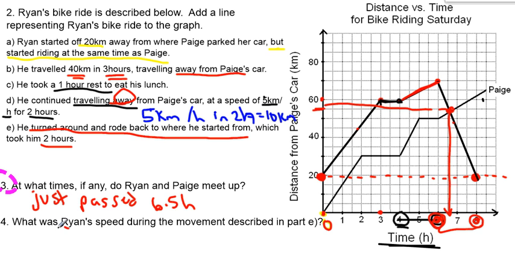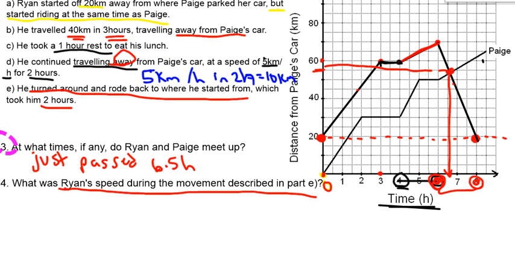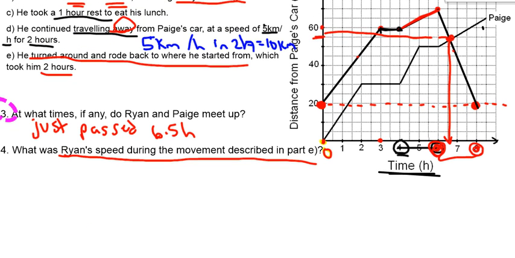And then finally, what was Ryan's speed during the movement described in Part E? So Part E was this final line of Ryan's, the one where he goes back to where he started from. And so to find speed, we needed to look at his distance and his time. So let's do that from the graph. So we know that this part of his graph, let's use a different color, starts here at a distance of 70 and ends up here at a distance of 20.